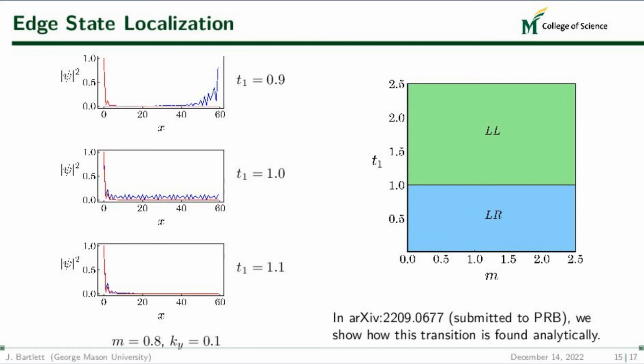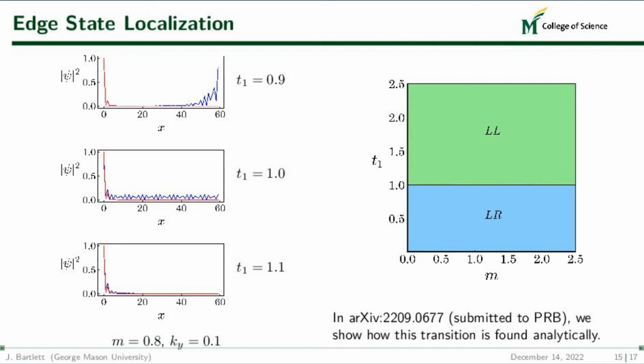At the transition line, when T1 equals 1, we see that this edge state on the right in blue is now dispersed throughout the entire lattice. And then above the transition line, when T1 equals 1.1, we see that this blue edge state has now shifted to the left-hand side of the lattice.